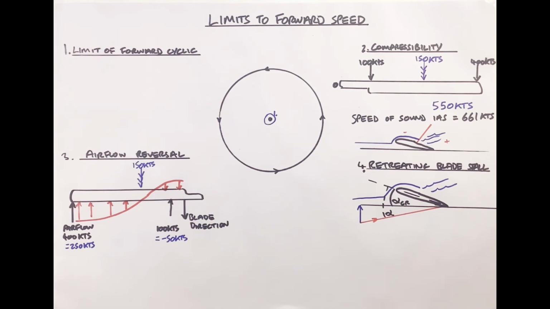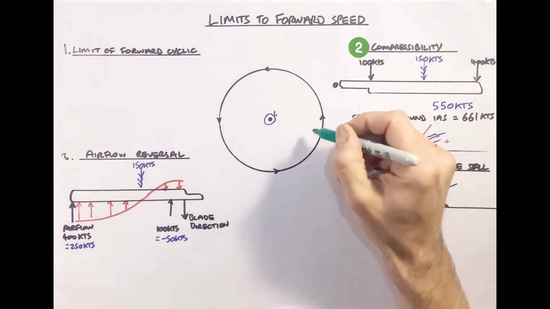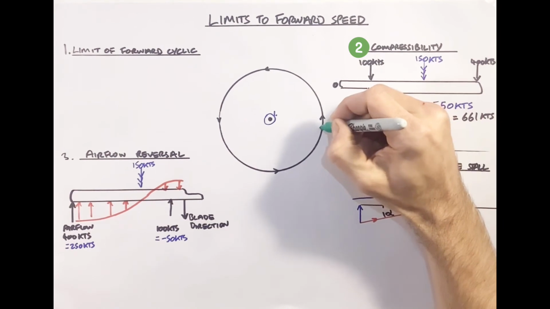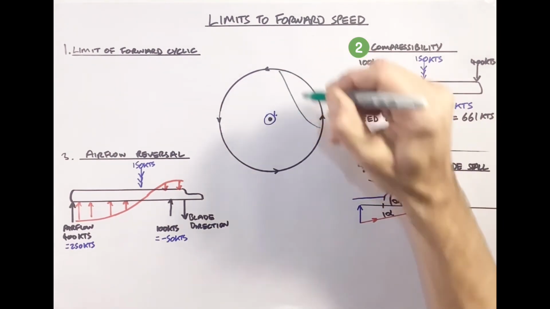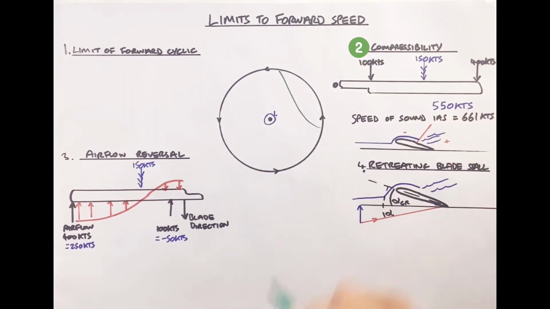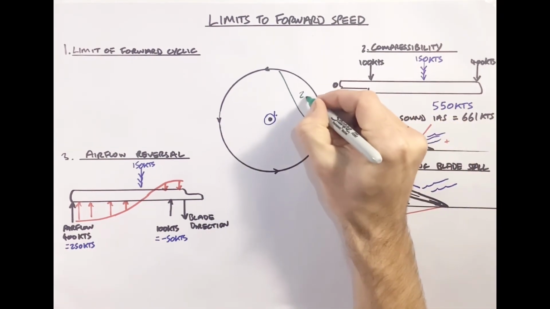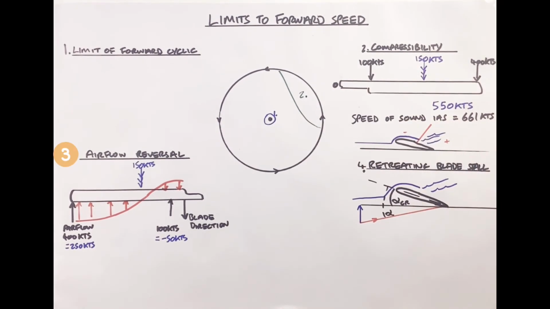First of all, compressibility. We already talked about it's predominantly around the advancing side, and the position where the advancing side is experiencing the most amount of airflow at the tip is going to be around about the 90-degree point, and we generally speaking see compressibility effects in this sort of forward right quadrant. Airflow reversal. So airflow reversal we already talked about.